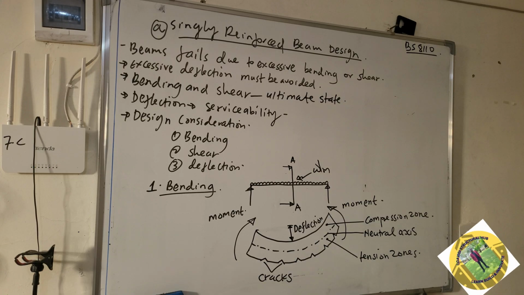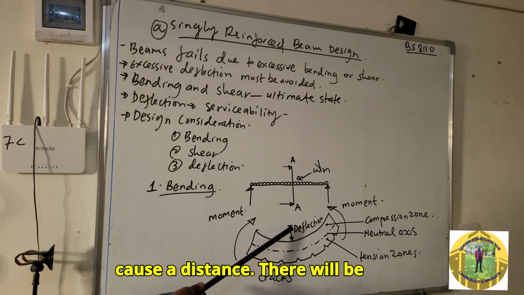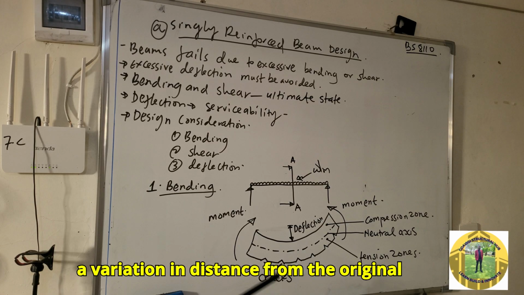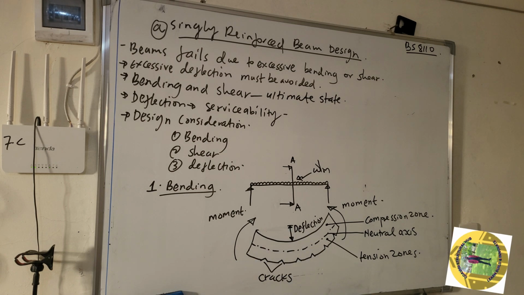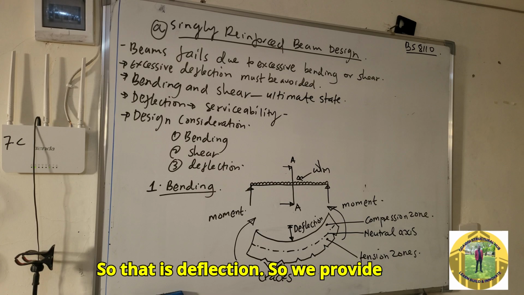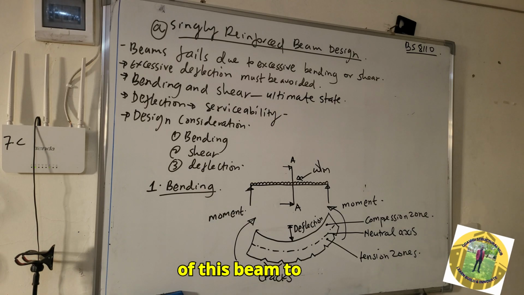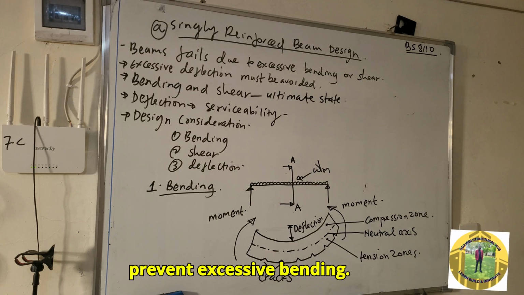When the beam sags this way, there will be a variation in distance from the original position. This distance is what we call deflection. So we provide reinforcement on the bottom part of the beam to prevent cracking and to prevent excessive bending.